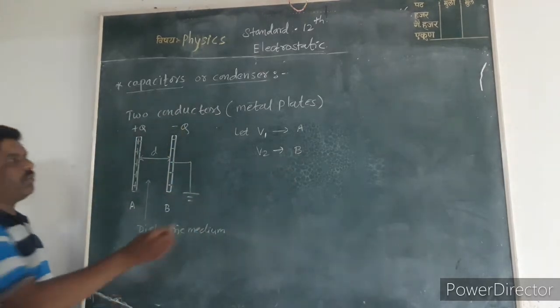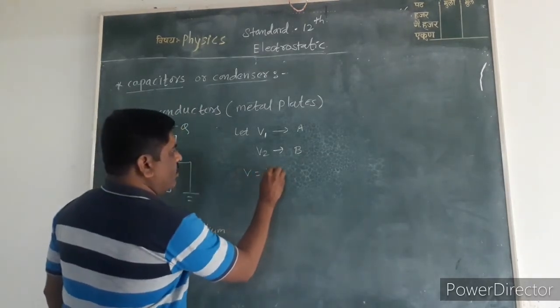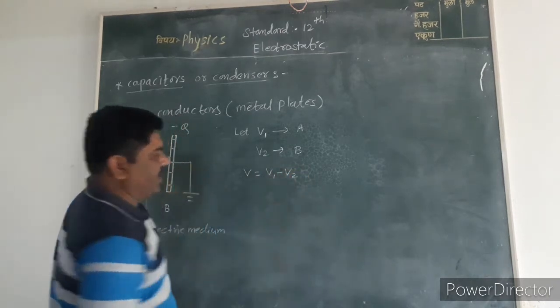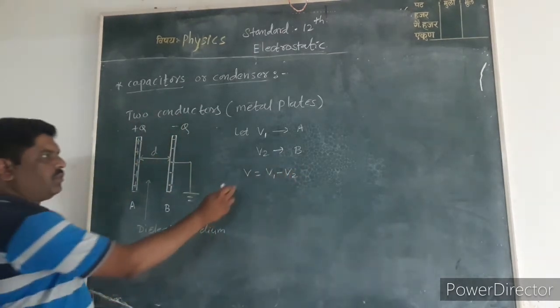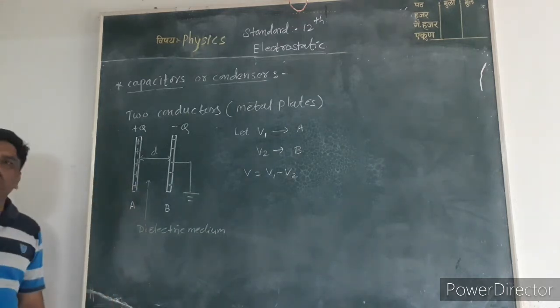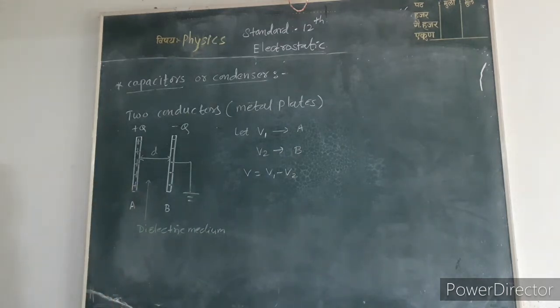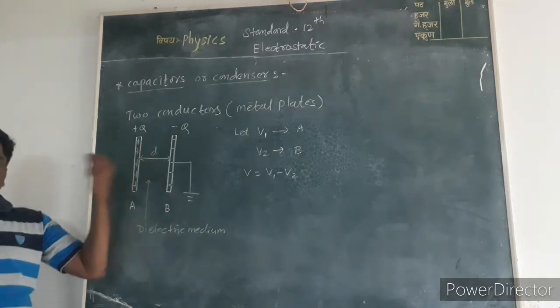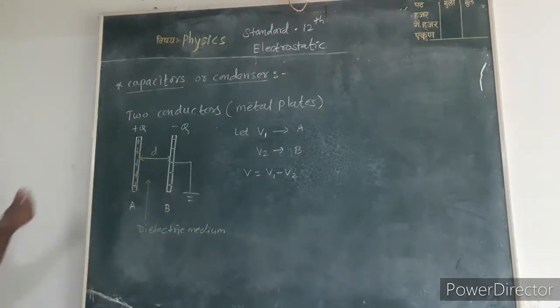Therefore, the potential difference phi is equal to V1 minus V2. This phi is the potential difference between these two plates. And such an arrangement is called a capacitor.